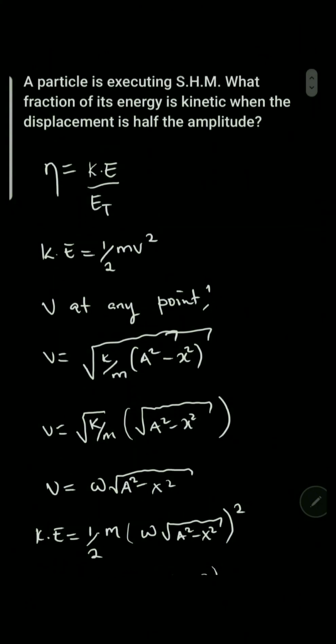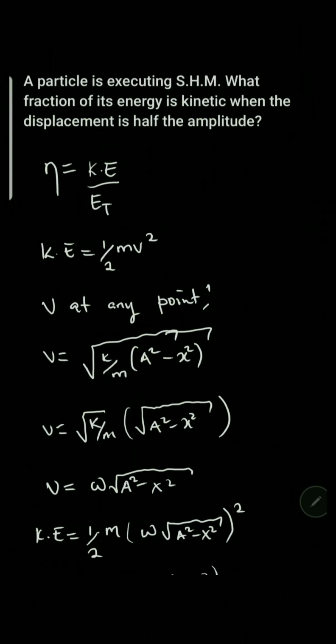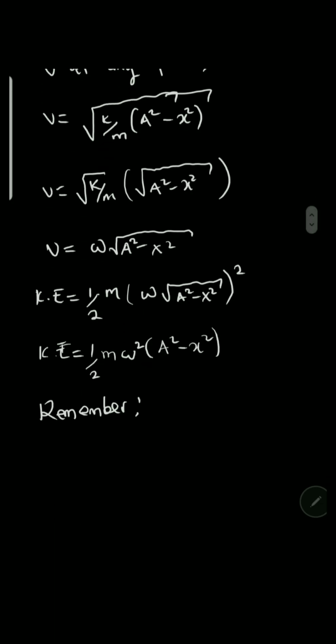Now we need to remember that there's a condition we've been given. The condition is that the displacement is half of the amplitude, meaning that our x will be equal to a over 2. If this is the case, it means that if we square x, we have a squared over 2 squared, which is a squared over 4.